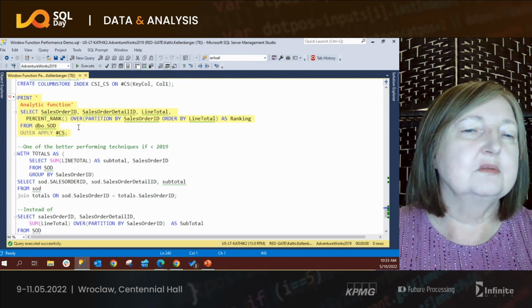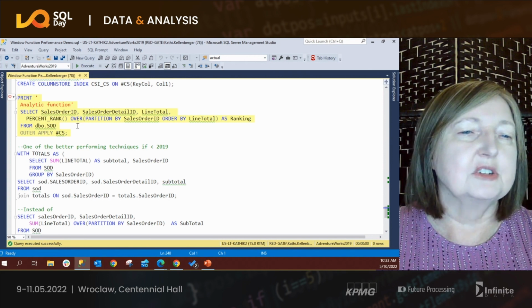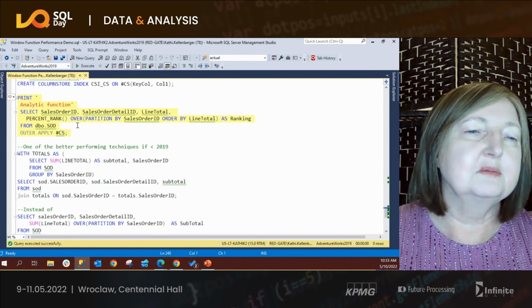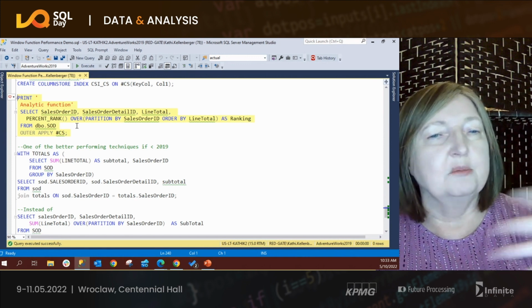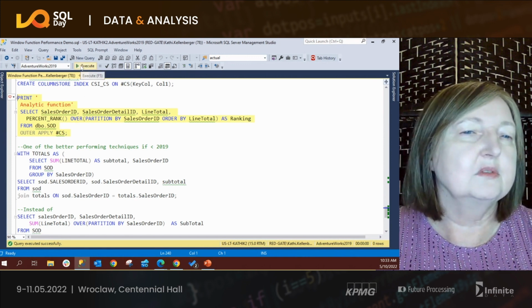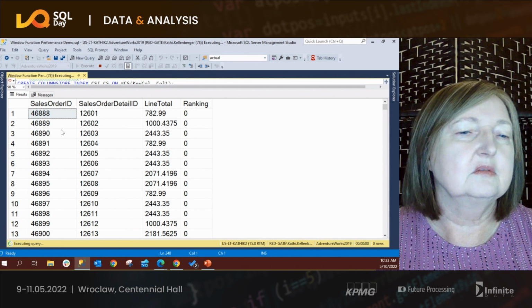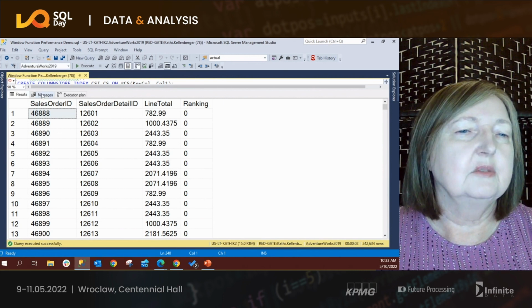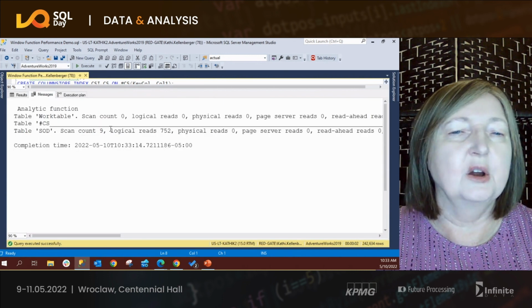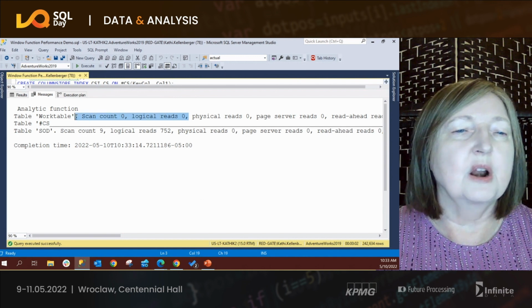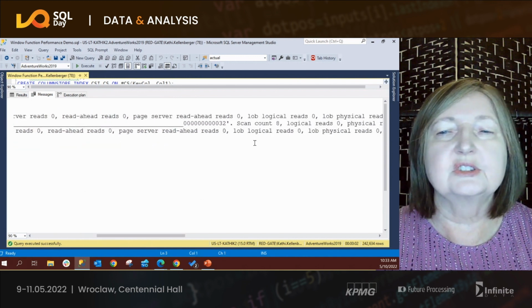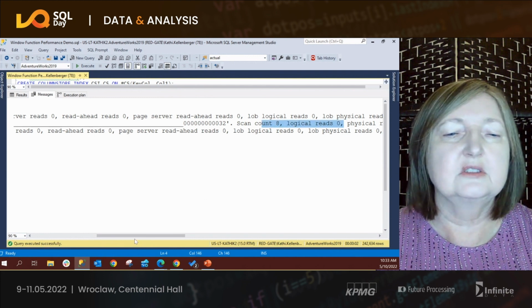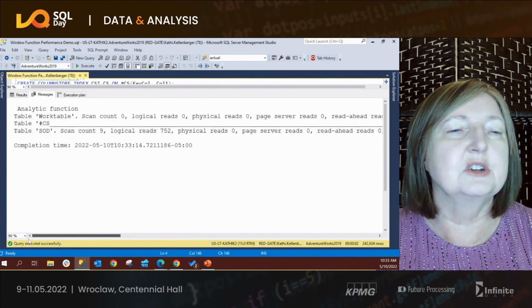So remember, previously, I would get crummy performance on this one unless I'm running in 2019 mode. And I look at the statistics IO, I'm seeing what I want to see here. If I scroll over, I also see logical reads 0.